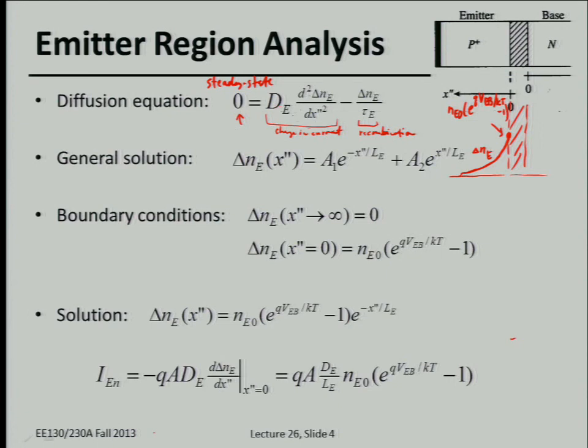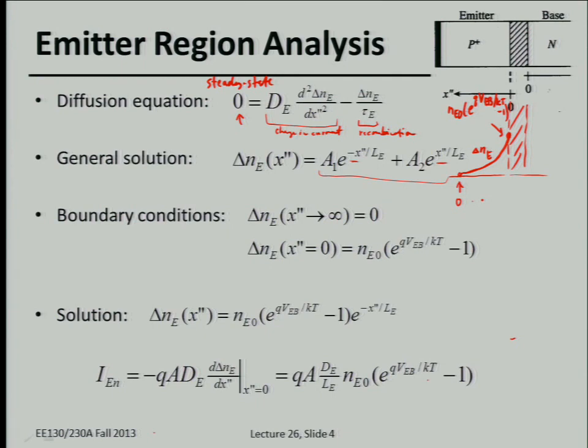So any solution to this differential equation must be exponential, either exponential to minus x or to positive x. Both terms can be differentiated twice and give something proportional to the original expression, which is why the general solution has two terms. You apply the boundary conditions, so we assume the excess minority carrier concentration goes to 0 far away from the depletion region edge.